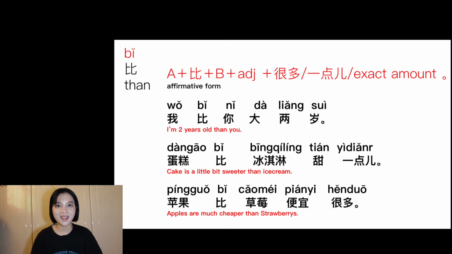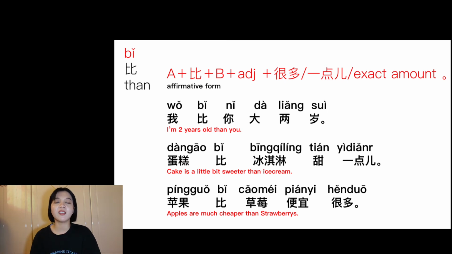And let's make another sentence. Cakes taste a little bit sweeter than ice cream. I can say 蛋糕比冰淇淋甜. It means cake tastes sweeter than ice cream, but 一点儿. Now, if I want to say a little bit sweeter, I would say 甜一点儿.